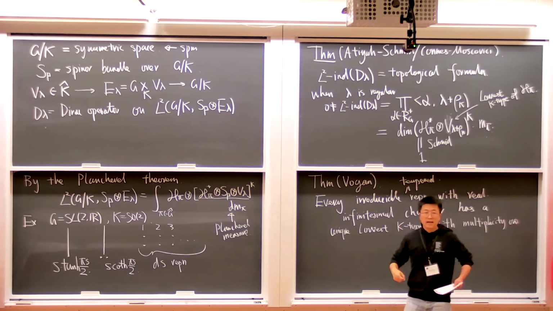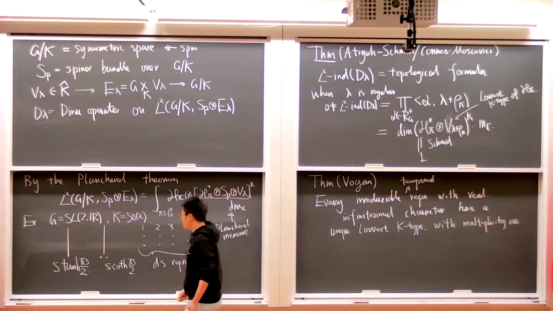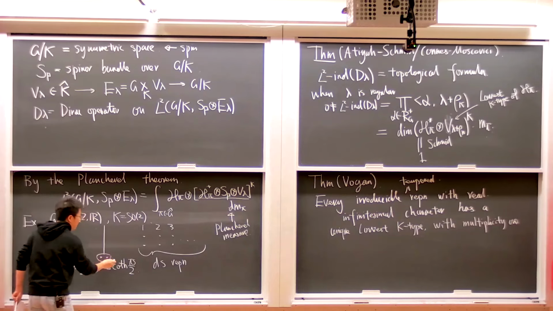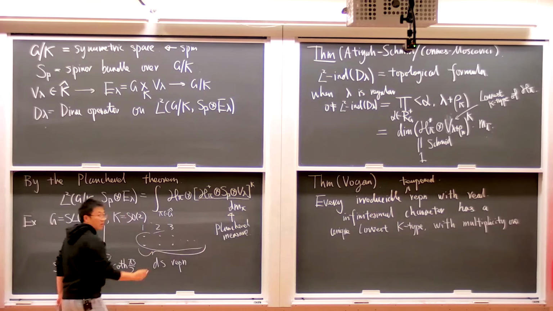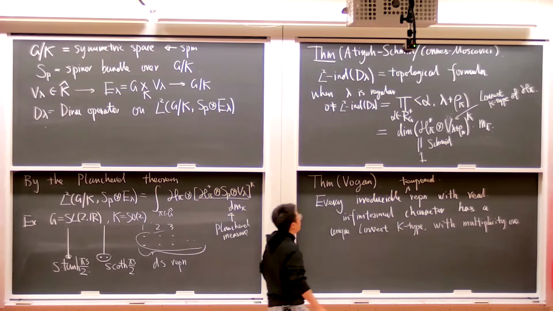So what is the tempered irreducible representation with a real infinitesimal character? This corresponds to, in fact, all discrete series representations. So this is a nice thing. For example, if it's a discrete series representation, this one tells you this equals 1.